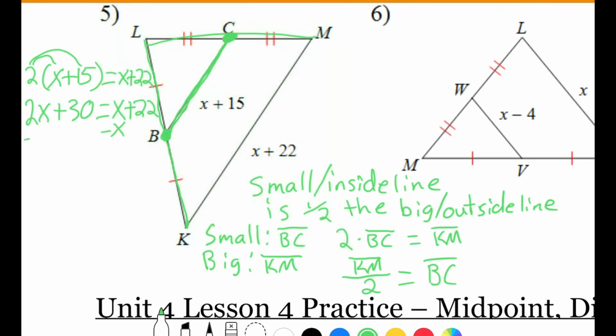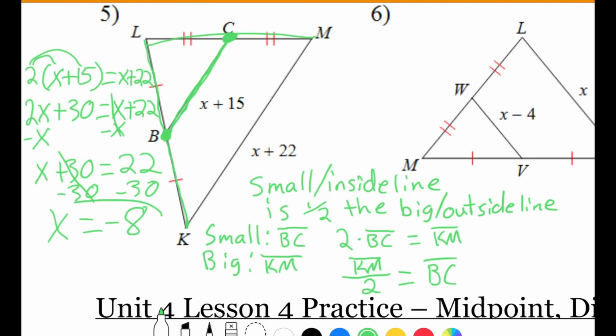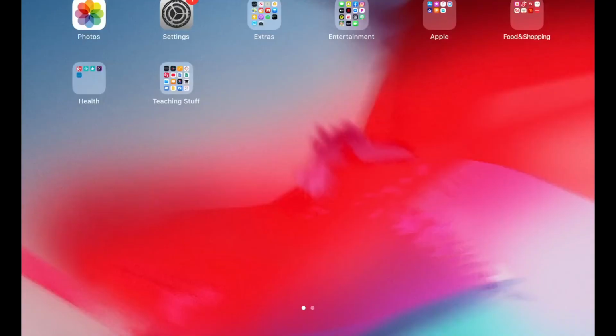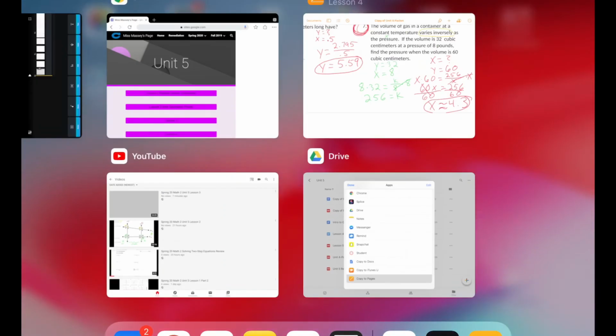I'm going to subtract x from both sides, getting x's on the same side, so I still have plus 30. Then I have to subtract 30 from both sides. x equals negative 8, and that would be my answer for x.